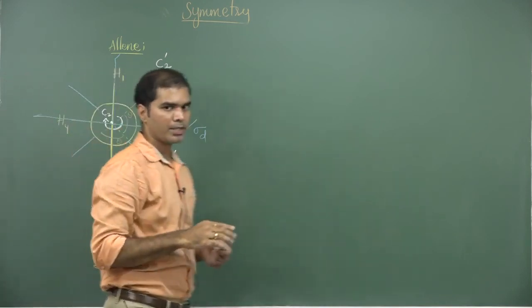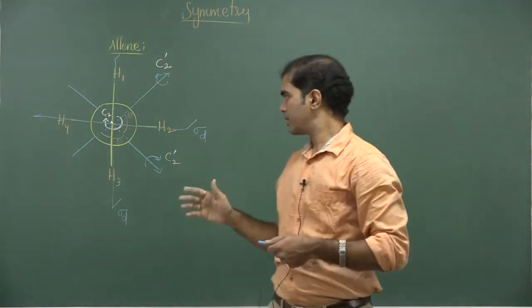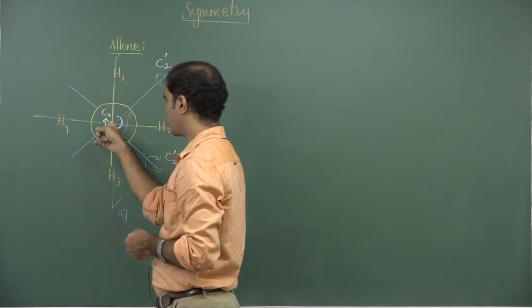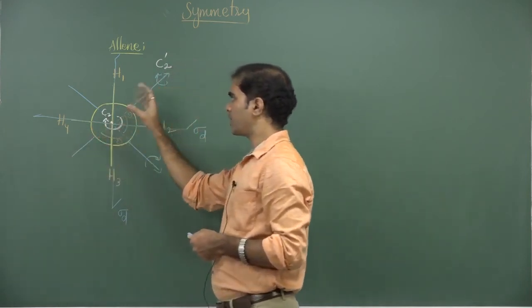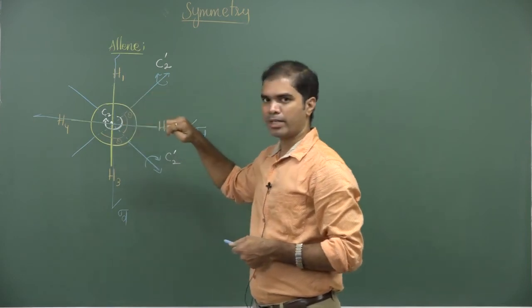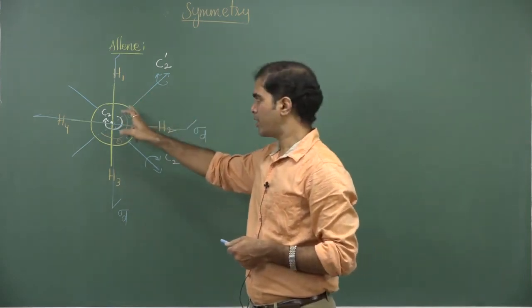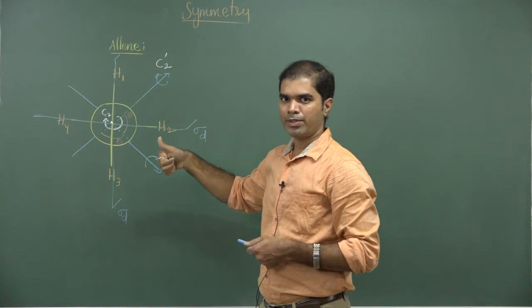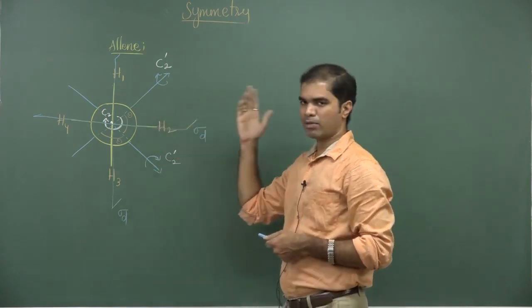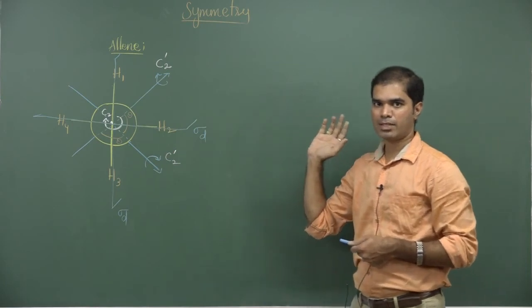You don't call it a sigma v, you simply call it a sigma d. You can also call it a sigma v because this is the principal axis, but our guideline says whenever you have two identical units that are staggered to one another in such a concept, you try to invoke sigma d only. Don't try to bring the concept of sigma v here. If they are eclipsed, then you can bring the concept of sigma v as well as sigma h.